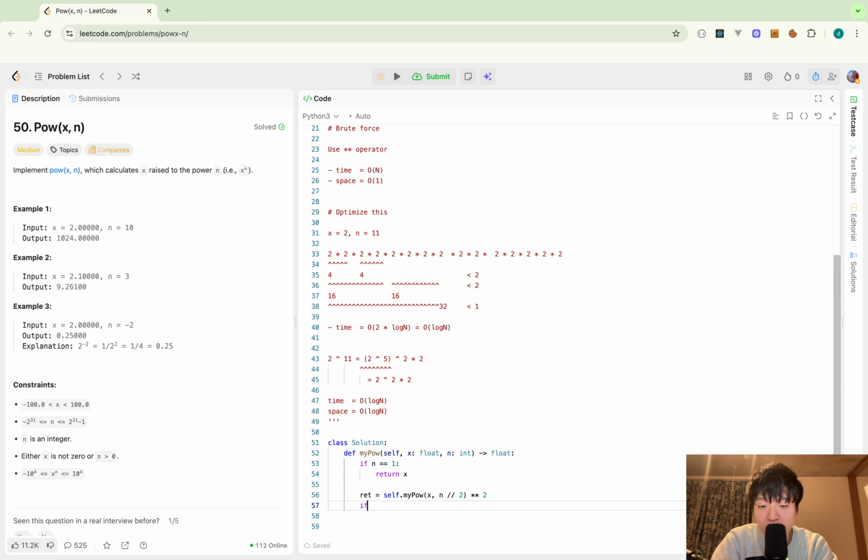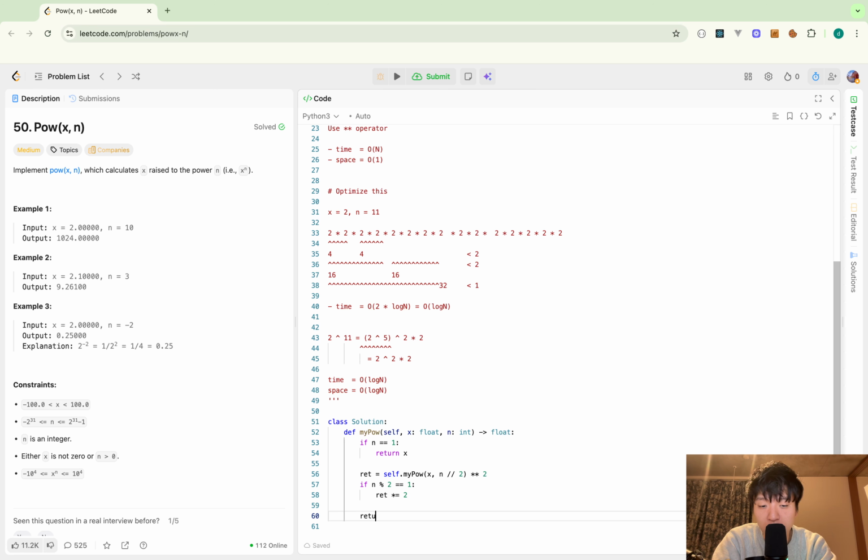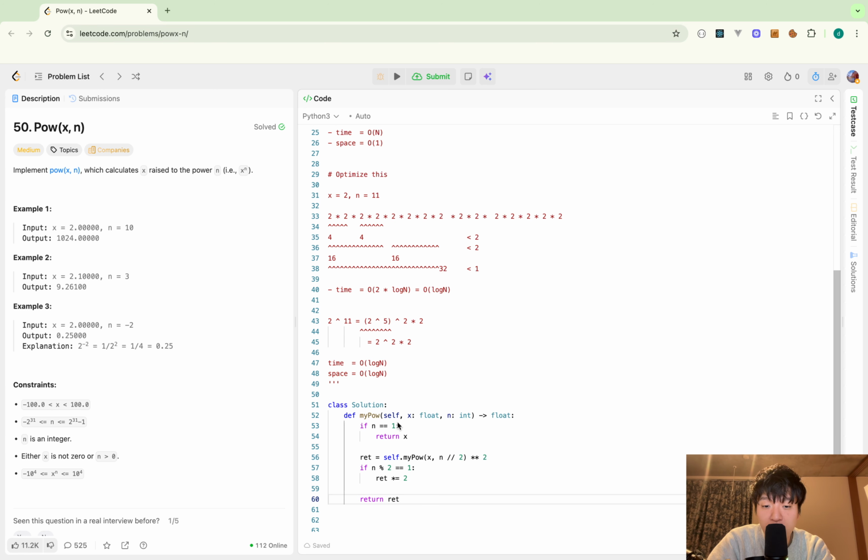And also if there is a modulo, then res should be multiplied by 2, and I return it. Okay. Yeah, so this is it. And I think this is the idea.